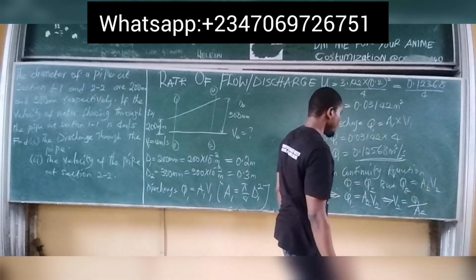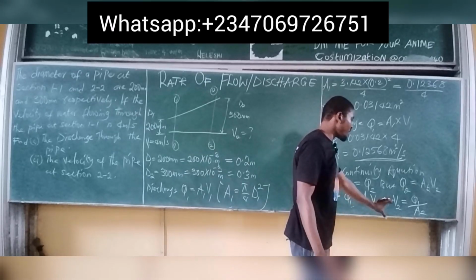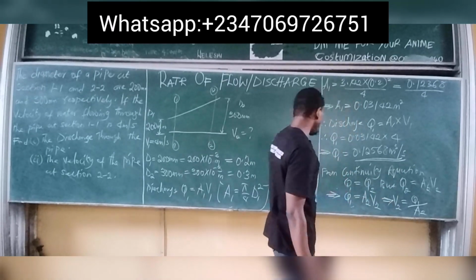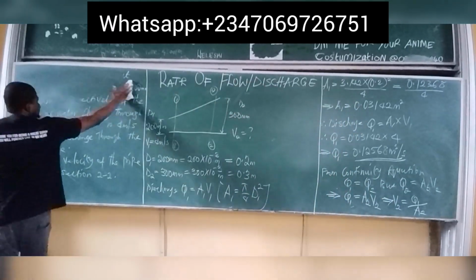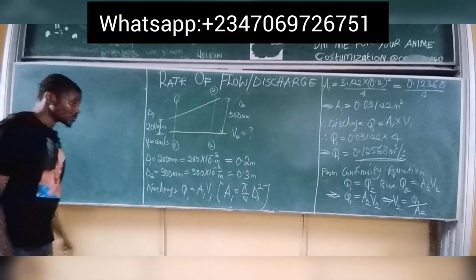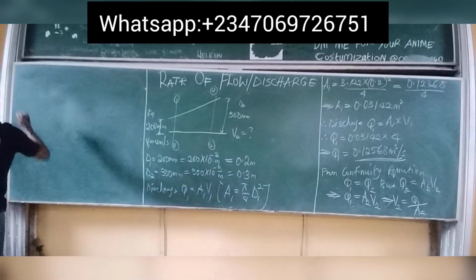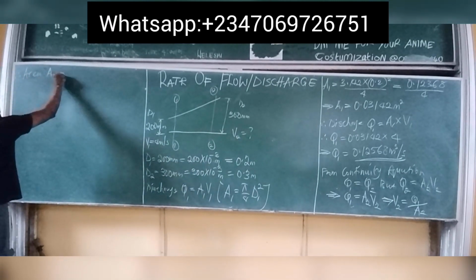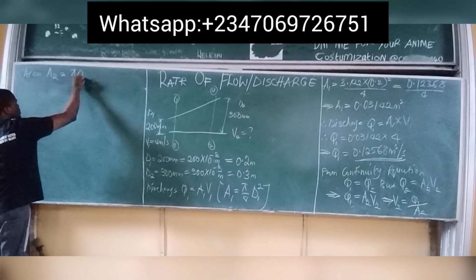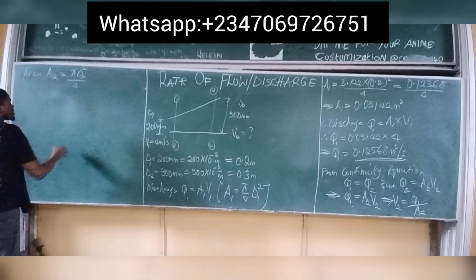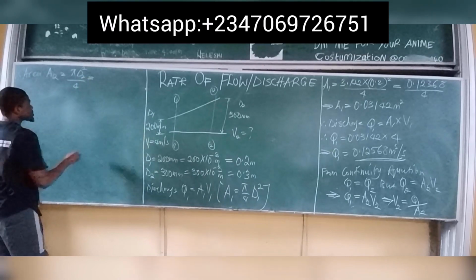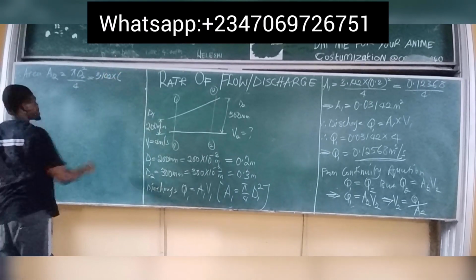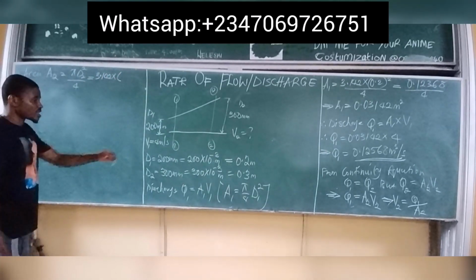Already we know the value of Q1. All we need to do now is obtain the value of the area at section 2, and take these two divisions to obtain the velocity at section 2. Let's do that over here. So we obtain area at section 2. Area A2 is the same as pi times diameter at section 2 all squared all over 4. Pi is a constant value, 3.142, multiplied by diameter at section 2, which was given as 0.3 meters.